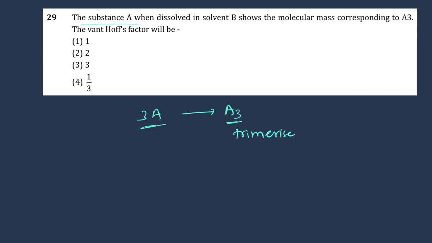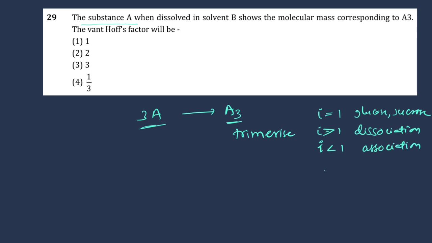Then what is the Van't Hoff factor? Van't Hoff factor i is equal to 1 for glucose and sucrose, like this. i is greater than 1 for dissociation. i is less than 1 for association. So which is the associated form here? i equal to 1 by 3 is the associated form, therefore the fourth option is correct.